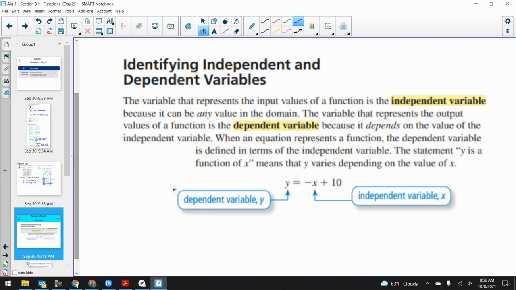When an equation represents a function, the dependent variable is defined in terms of the independent variable. We're always going to have y equals, and then something's happening to x. Maybe it's 2x or negative x plus 10 or whatever it may be based on the scenario.